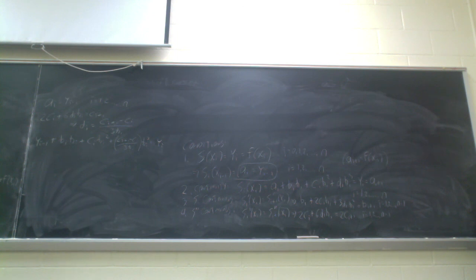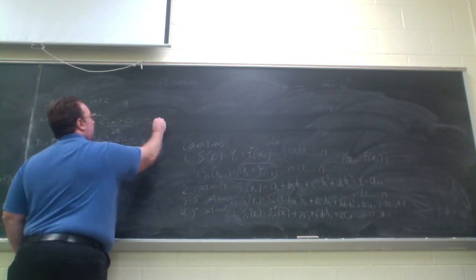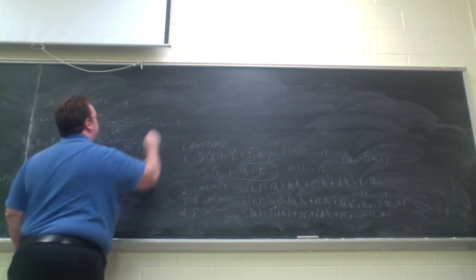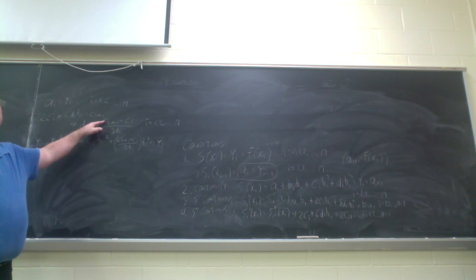Now let's see. Okay, something's amiss here, because if I pose this for 1, 2, up to n, that seems kind of strange because I have a cn plus 1 here, which is not really part of my spline.